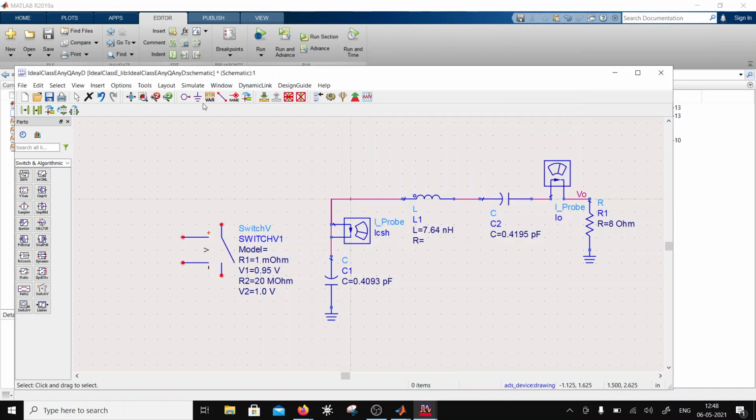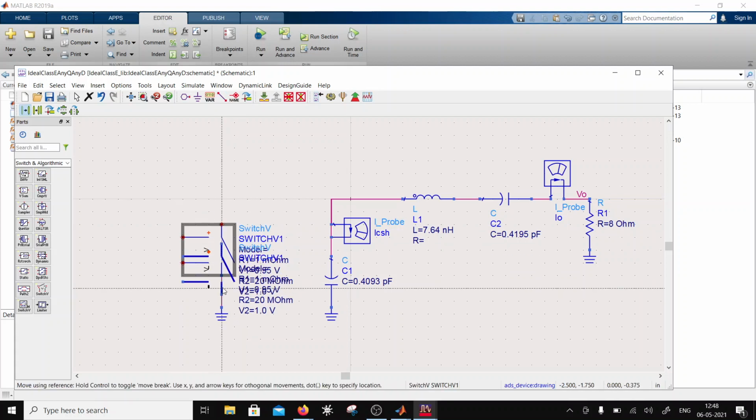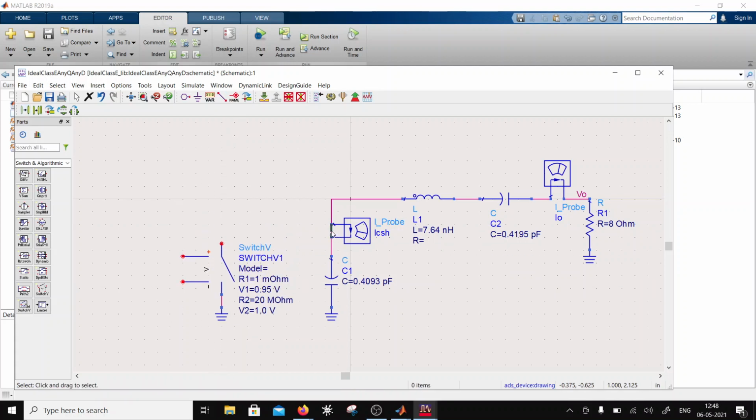Okay, and then I'm going to put a probe in here to see the switch current. So I'm going to just copy this probe, and this I will name as ISW.